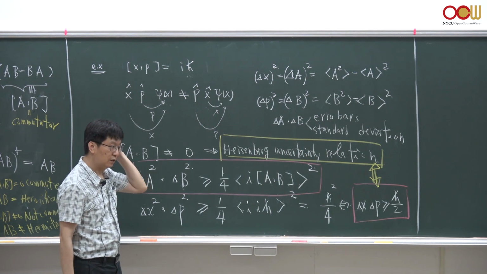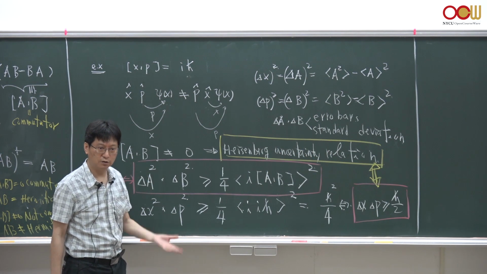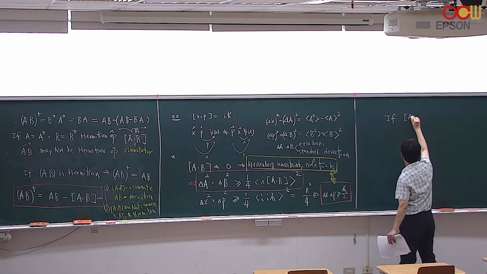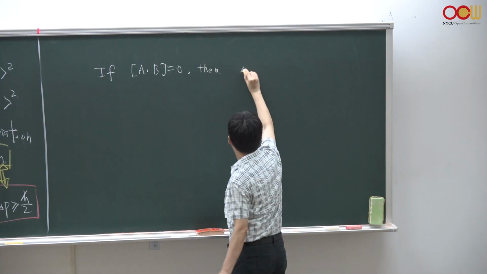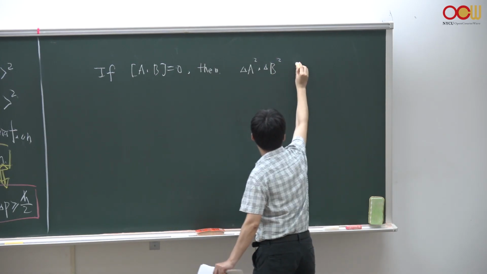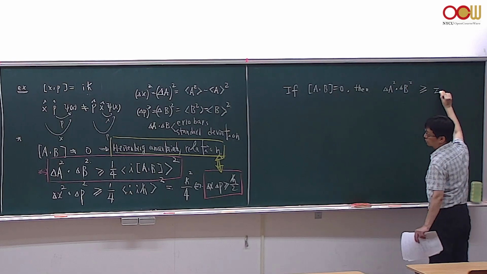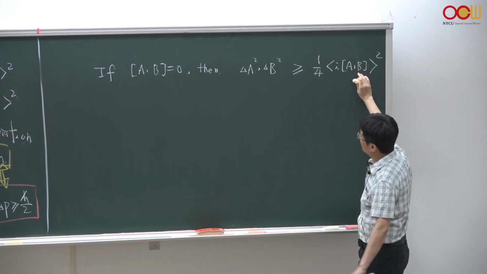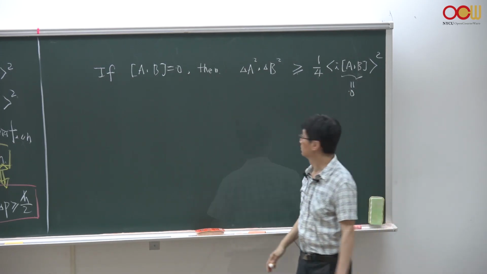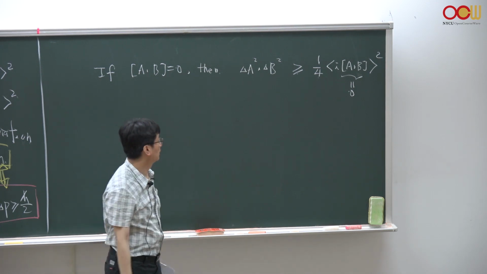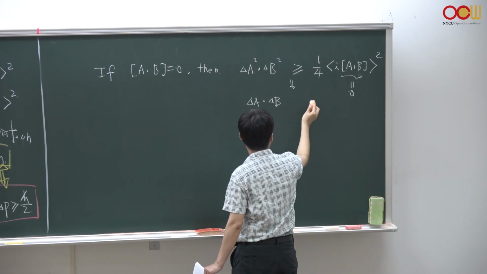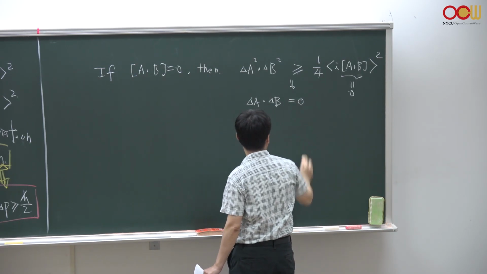If we have two commuting operators, then there is no Heisenberg uncertainty relation. Why? If A and B commute, then you can show that delta A squared times delta B squared is greater than or equal to 1/4 of the commutator squared, and since A and B commute, this commutator vanishes. So the right-hand side of the inequality becomes 0, which means that delta A times delta B is 0. What does it mean?